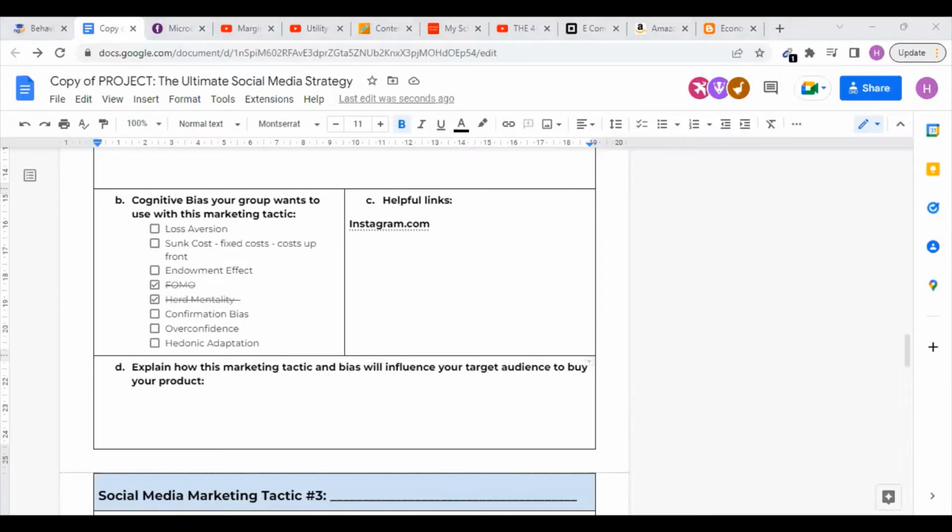So endowment effect is an emotional bias that causes individuals to value an owned object higher than its market value.